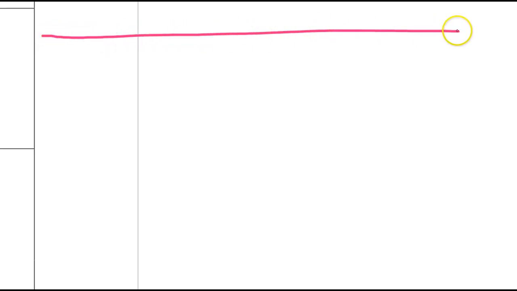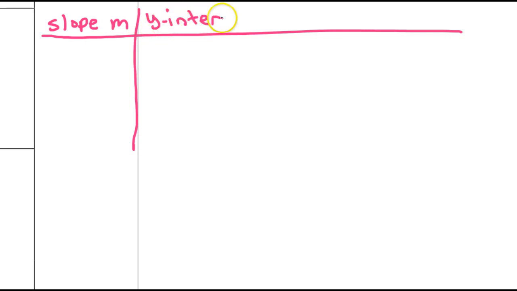I'm actually going to do this off to the side because I don't feel there was enough space for my method. My method goes like this. You write a chart where the first column is for the slope, which we know is m, and the second column is for the y-intercept, which we call b.